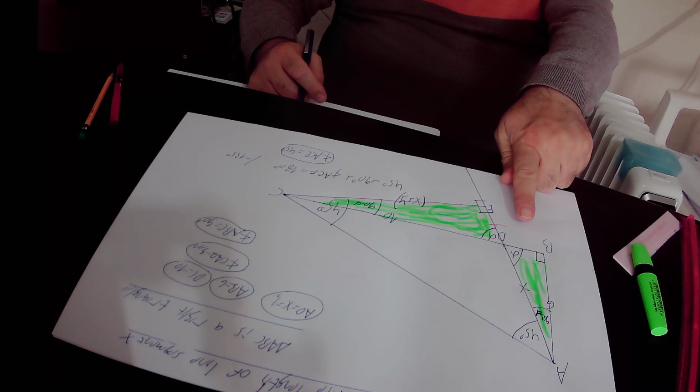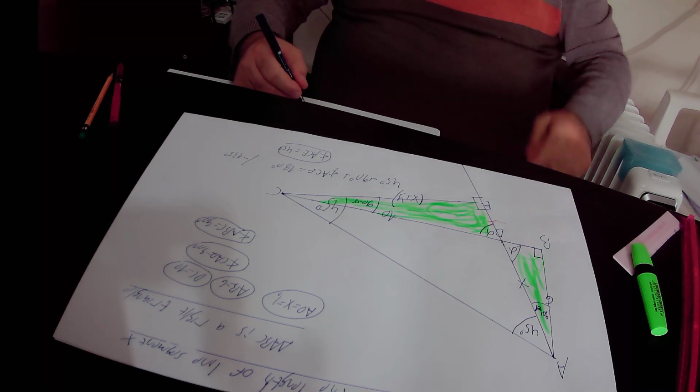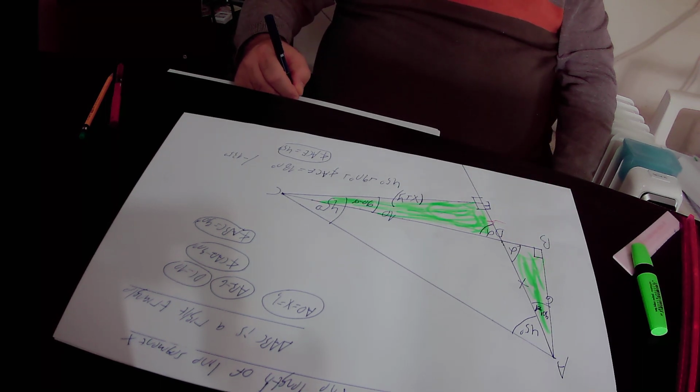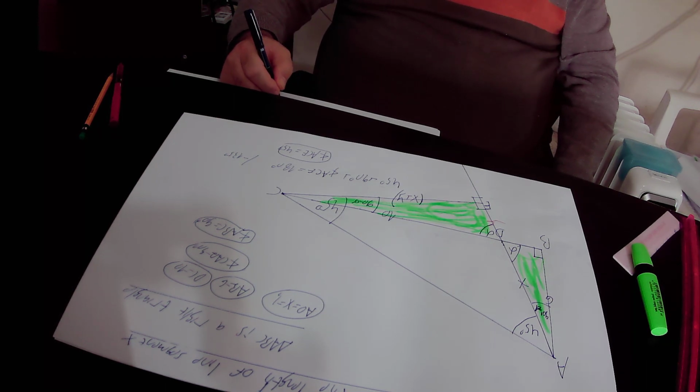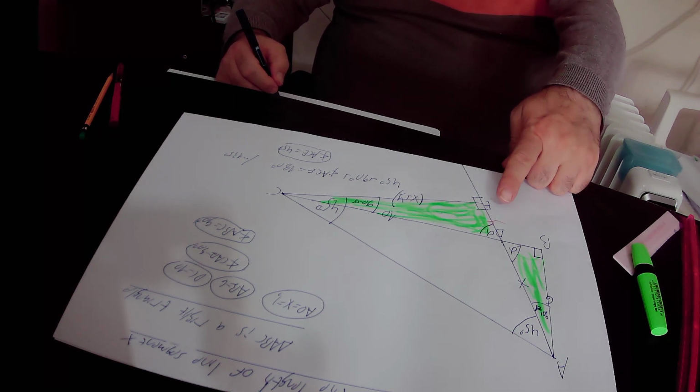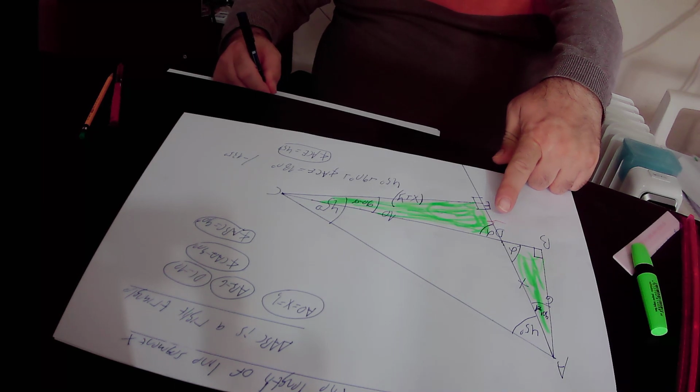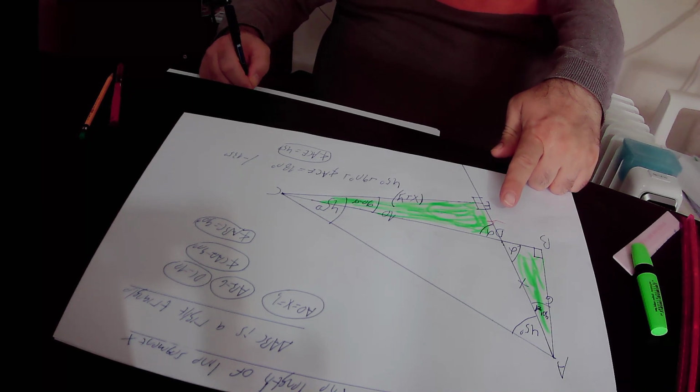Angle BDA is equal to angle EDC, and they are both equal to alpha.